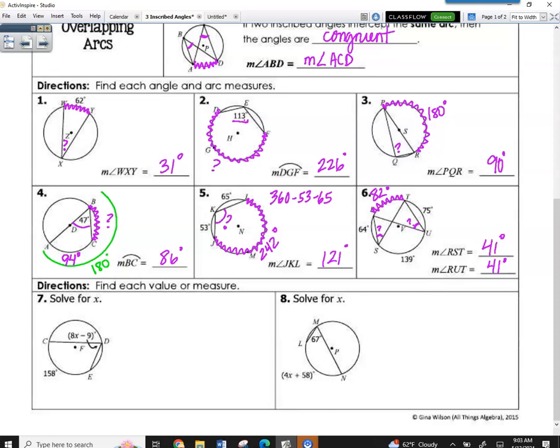So in this picture, it says 8x minus 9 is this angle right here. I'm going to draw an arc to draw my attention to it, and put a question mark there. Do I have enough info to get the measure of that angle? Yes, I do, because it tells me the arc it opens up to. If you trace it, that angle is opening up to arc CE, and I know that's 158.